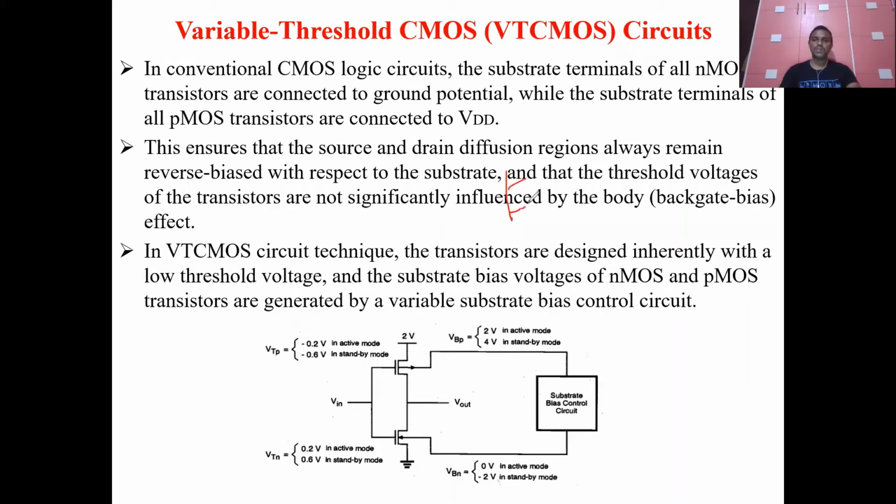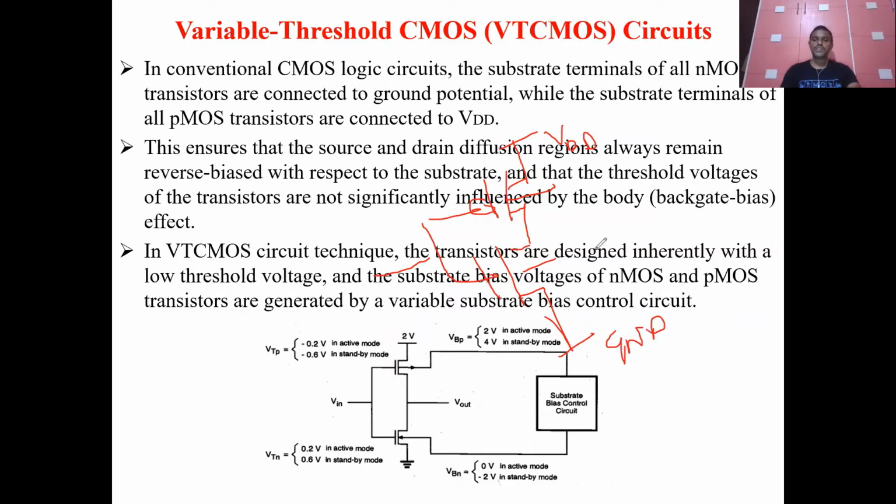If you draw an inverter circuit, suppose this is the NMOS and this one is the PMOS. These two gates are connected together and the input is given here. This one is VDD and this one is ground, or VSS, we can consider.